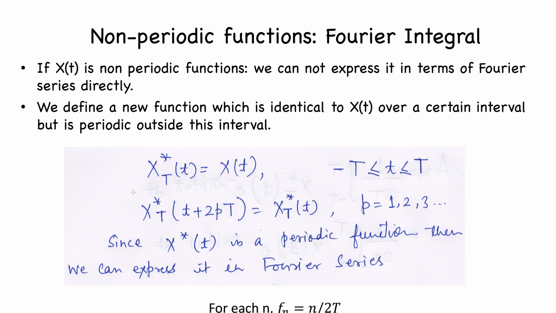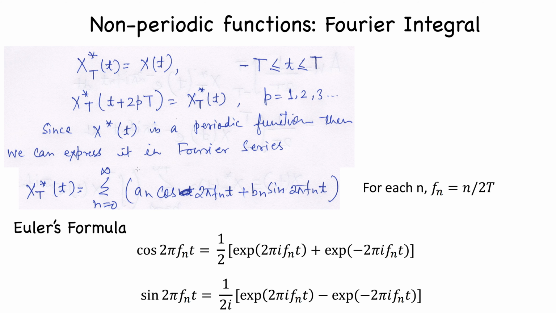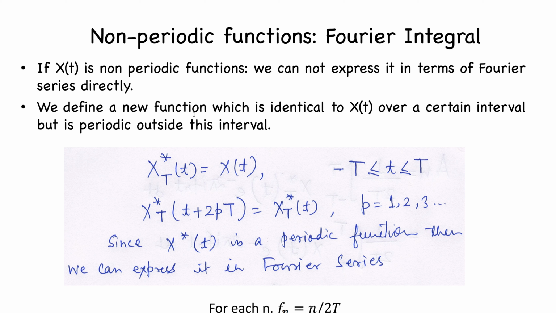But in practice we do not always have a periodic function. So far we were discussing periodic functions, with a period of either 2 pi or 2T. If it is a non-periodic function, we cannot express it in terms of a Fourier series directly. We have to make some transformation. That transformation is that we define a new function which is identical to x(t) over a certain interval of time, and then we make it periodic after that.